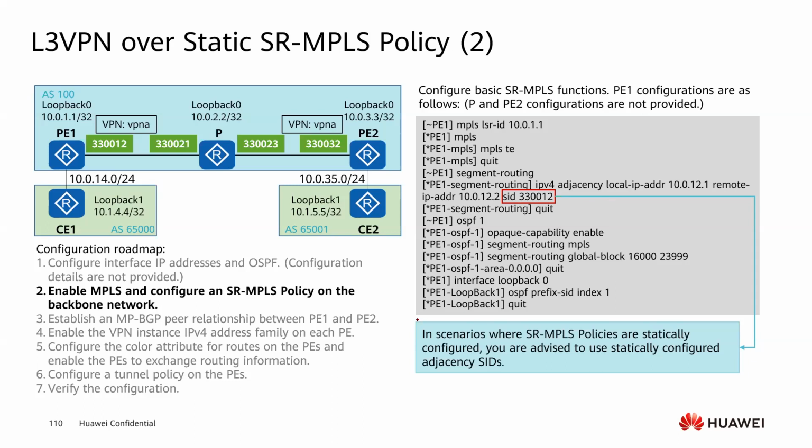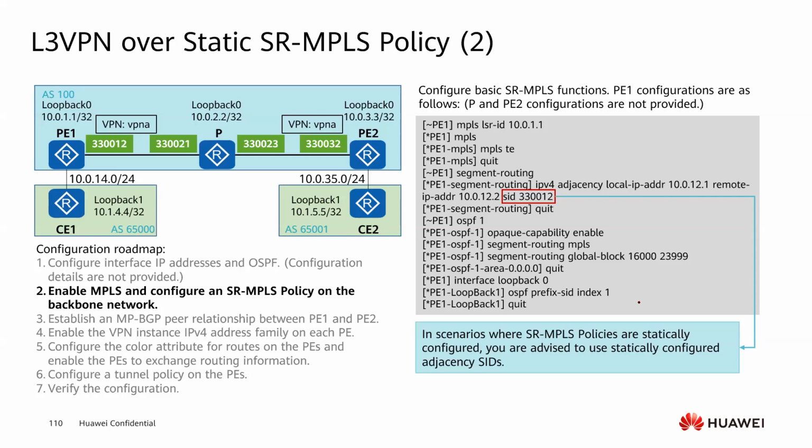Sorry, this is for adjacency SID. This adjacency SID you can configure or you can leave it alone. It's all okay. Here is just an example that you can configure a static adjacency SID, but if you do not want to configure it, also okay.